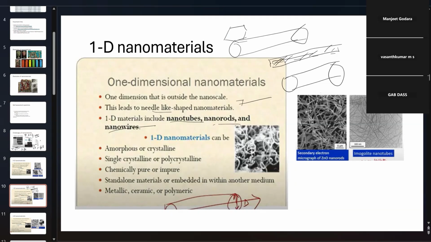1D nanomaterials, again, can be amorphous or crystalline. They can be single crystals or polycrystalline, chemically pure or impure. They can be standalone material or embedded inside another material.